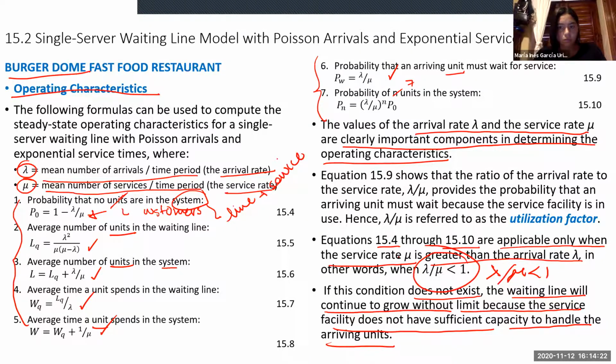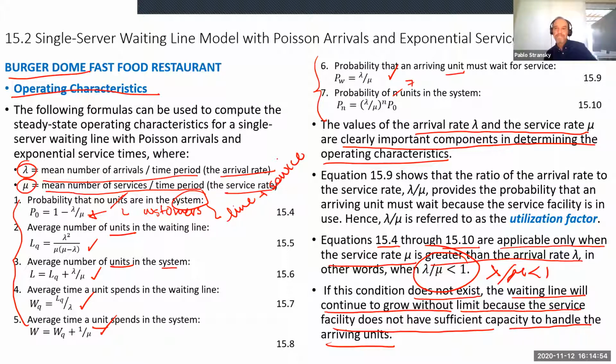If this doesn't hold, then we're going to have long lines, and that's mainly because the service capacity, the service ability to give the orders to the customers, is not enough for the number of customers they're receiving, okay?